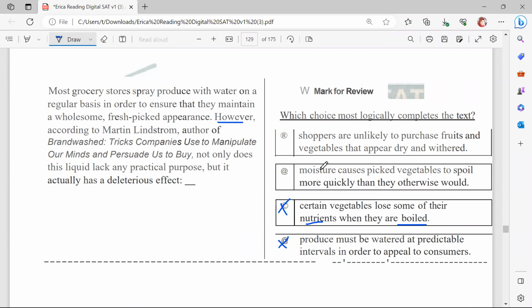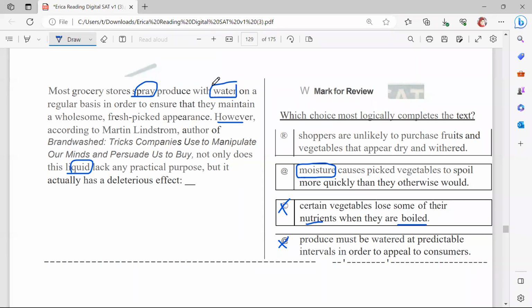Moisture causes picked vegetables to spoil more quickly than they otherwise would. Yes, I think this might be an answer. Moisture is related to what? To the water. Excellent. To the water, to the spray. You see the repeated ideas?